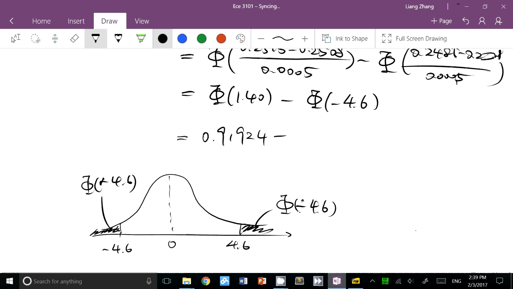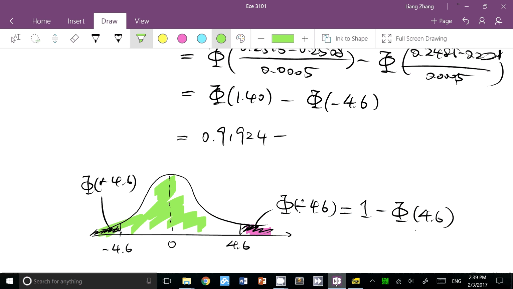And this is actually equal to 1 minus phi of 4.6, because if we look at this particular area and this whole green area, the green area and the purple area should add up to 1.